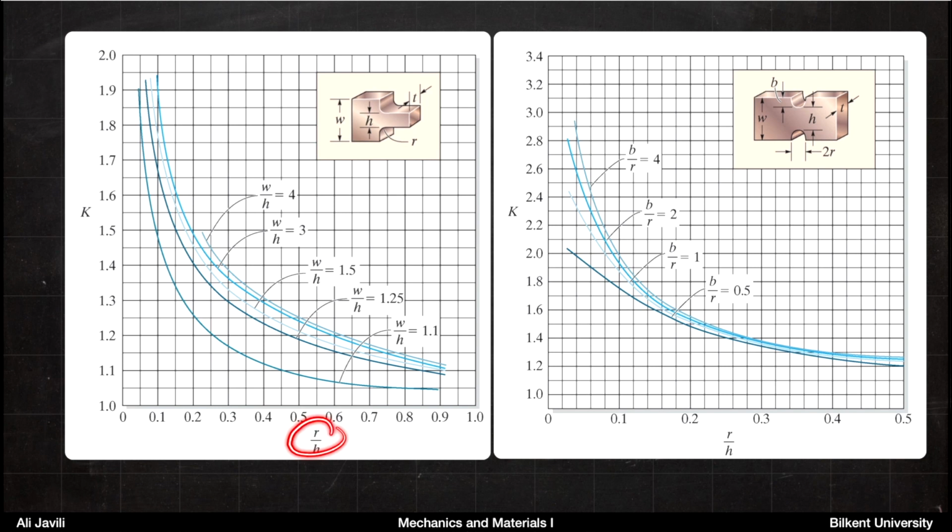If r goes to 0, you can see that the stress concentration factor increases rapidly. That tells you that you need to avoid sharp corners. Similar conclusions can be made from the right graph here. So what we do next is look at this problem with an exercise together.